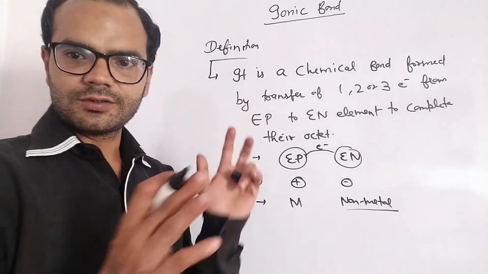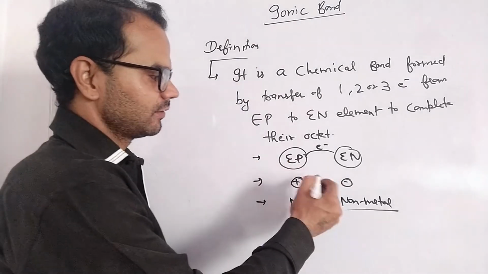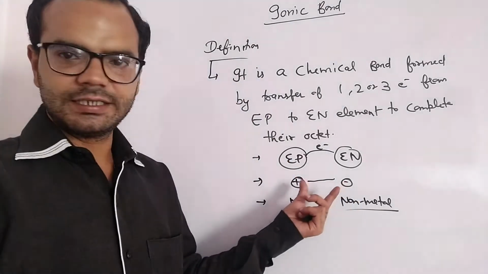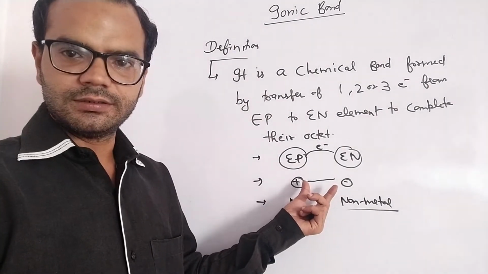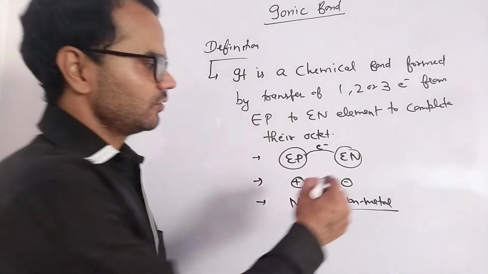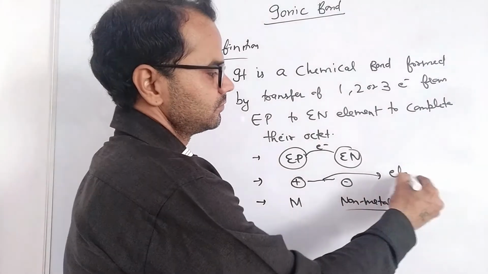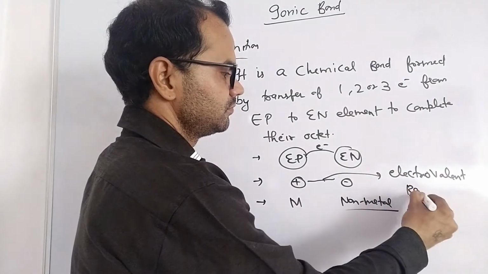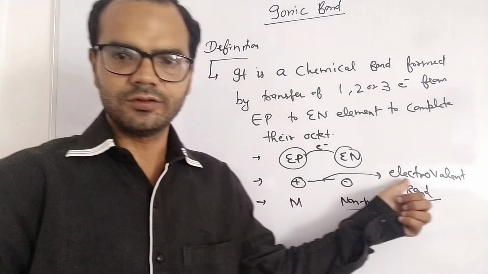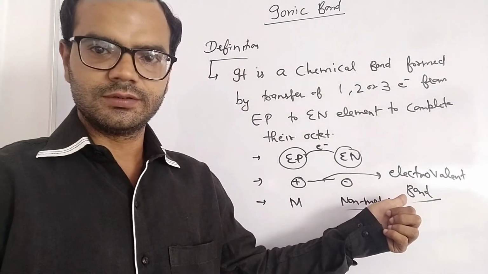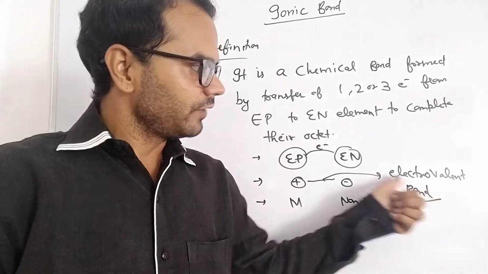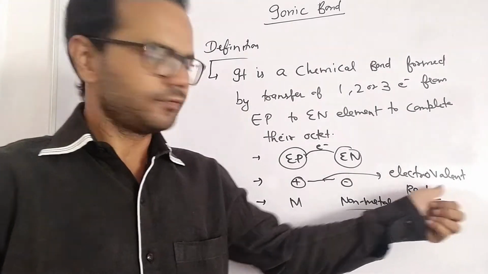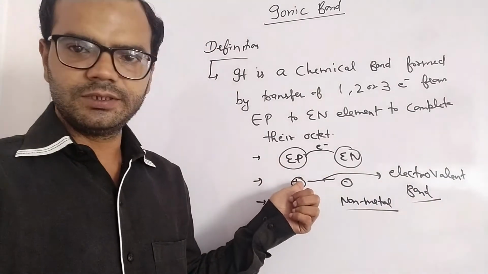There is a strong electrostatic force of attraction between positive and negative charged ions. That's why it is also called electrovalent bond. It means transfer of electrons from the valence shell of one element to another element.